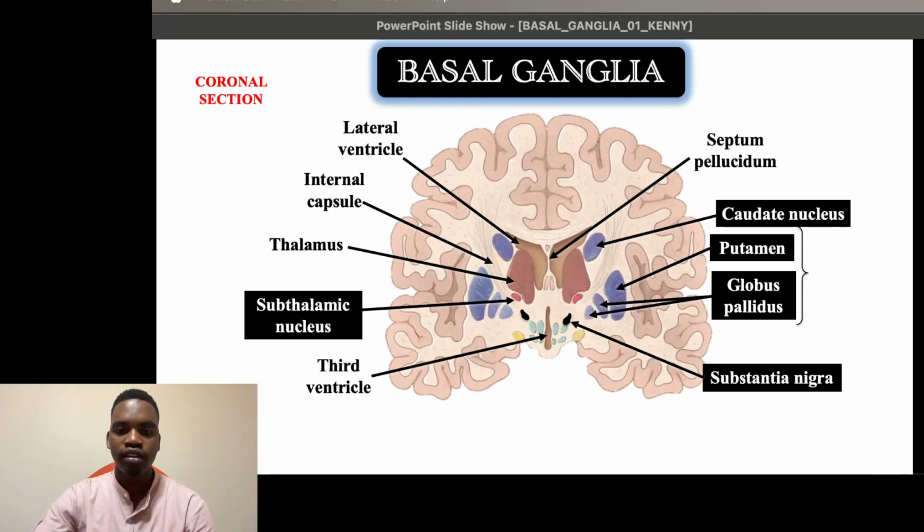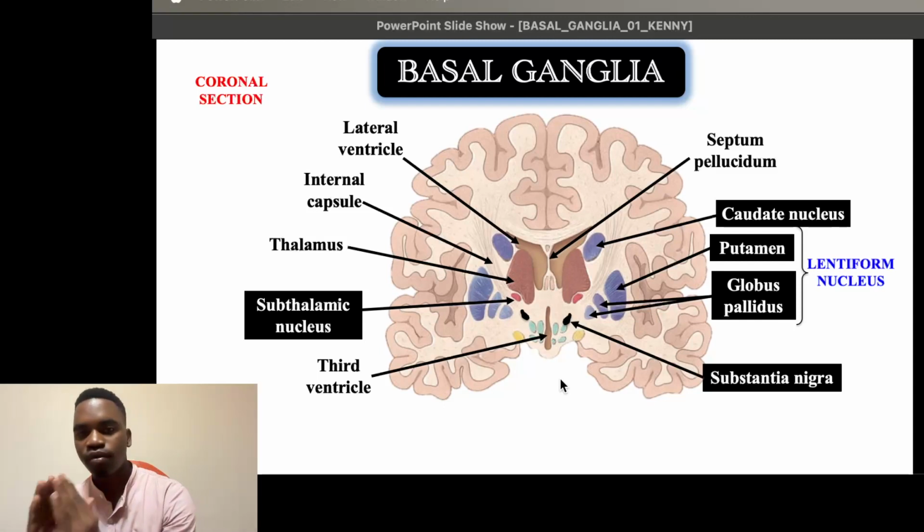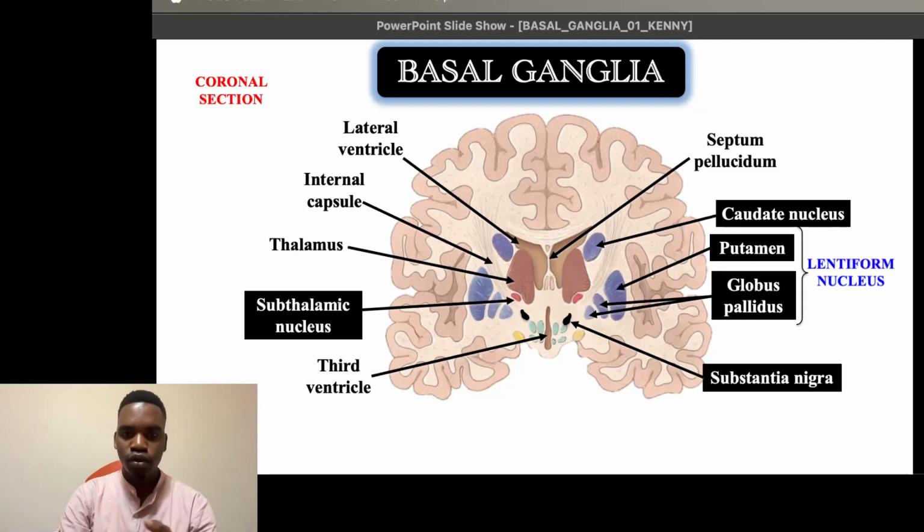This shape of a lens we call lentiform, so together they are the lentiform nucleus.